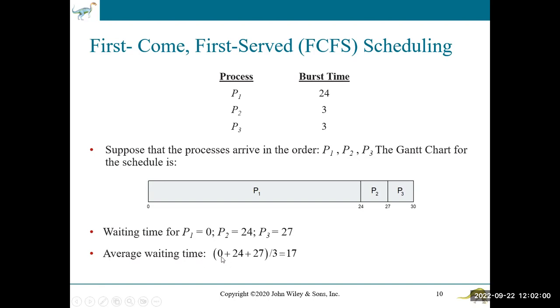So if you take your wait times 0, 24, and 27 and divide by 3 for the 3 processes together, the average wait time is 17. So you have these different statistical metrics to consider. Let's look at the other algorithms.